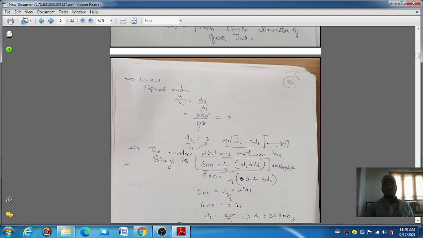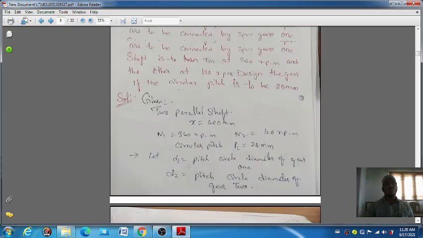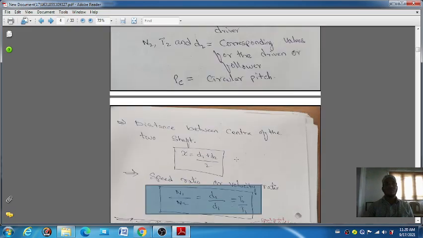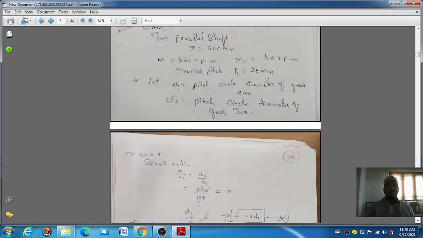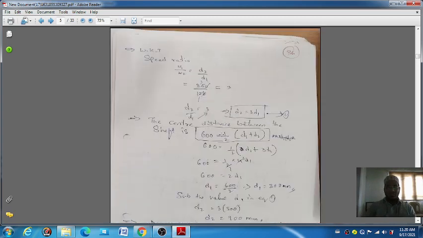Then the center distance between the shafts, we also have a formula: x is equal to (D1 + D2) by 2. So both these formulas will be used in the spur gear problem. So x is equal to (D1 + D2) by 2.